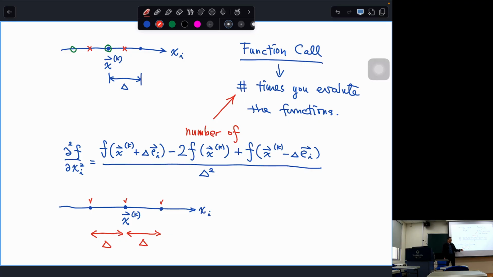So we don't need to evaluate again. When we want to evaluate for the second order derivative, this is the only value that we don't know. So function call management actually is important in computing, because you can save a little bit of time.